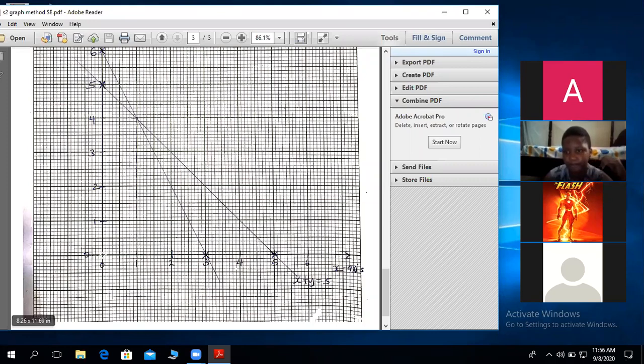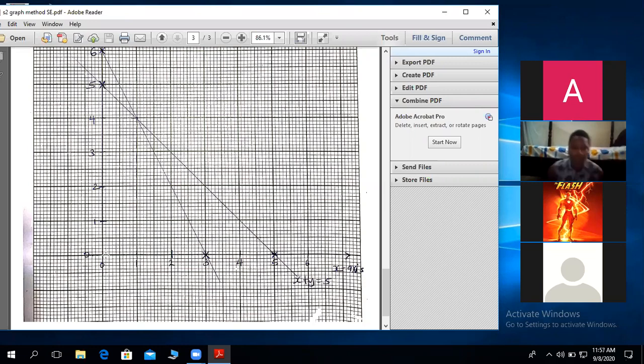Yeah? So if these are 2 centimeters, it means that each small square you get, because the small squares are 10, you get 1 and you divide by 10 and you get 0.1. That means each small square is 0.1.